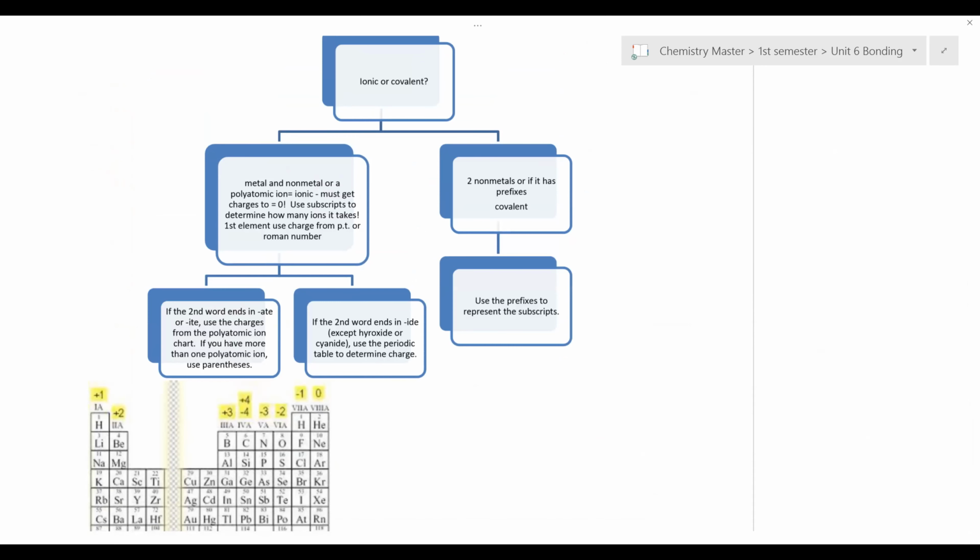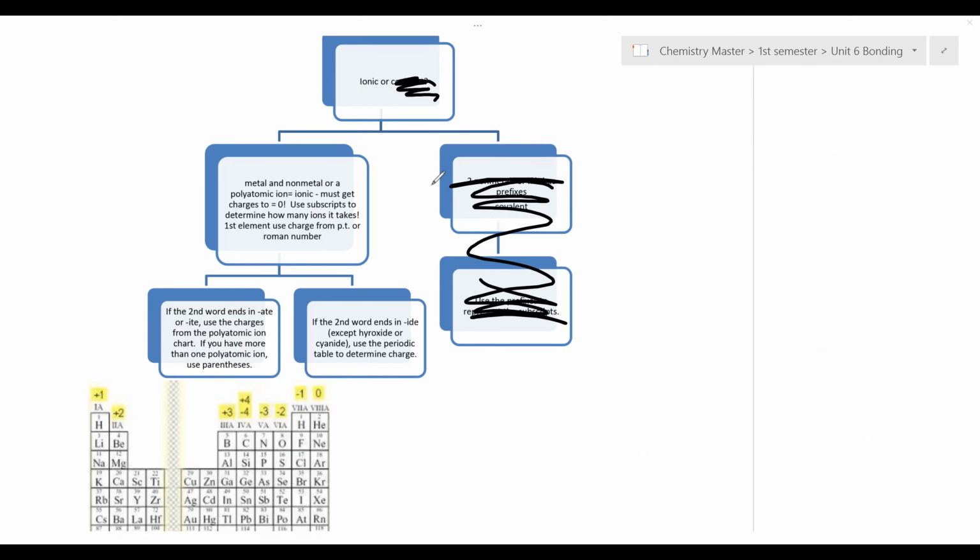So now let's talk about why those numbers were important, or what they even represent. We're still focused on the ionic side, so we're not going to be looking at anything that has to do with covalent.